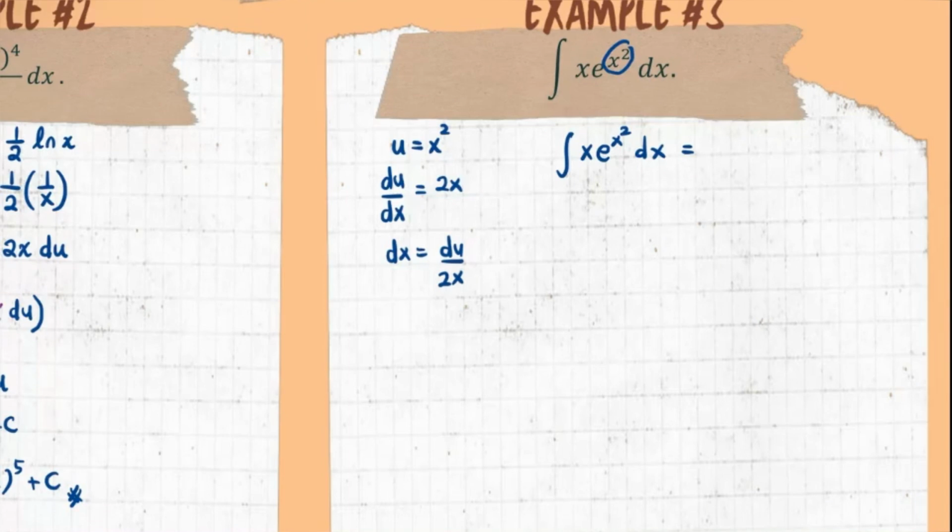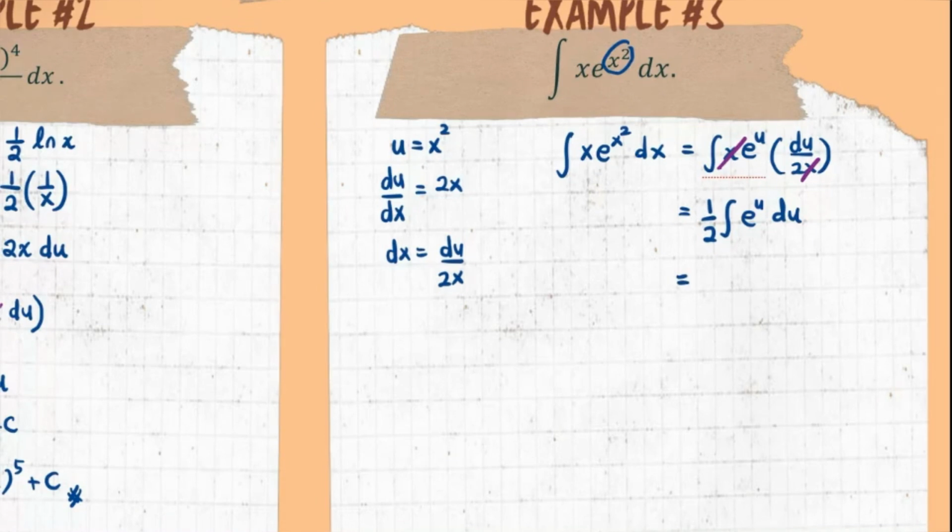So here it will be integrate x e of u, and our dx here is du over 2x, and therefore x over x can be cancelled with each other, and I factorize 1 over 2, we left with e of u du.